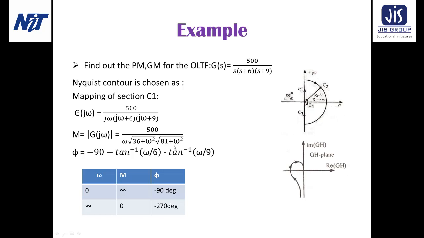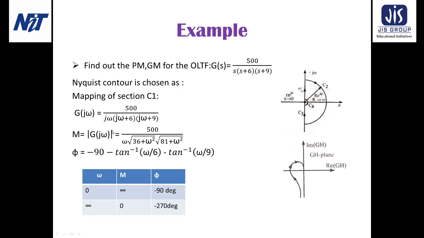And the phase angle has been calculated as follows. For the 500 there is no angle contribution, and all the other terms are in the denominator, so the angle contribution for all these terms will be negative. For the ω term, it is actually 0 + jω, so the imaginary part is only ω and the real part is not there. So tan inverse y by x gives tan inverse infinity, which is 90 degrees.